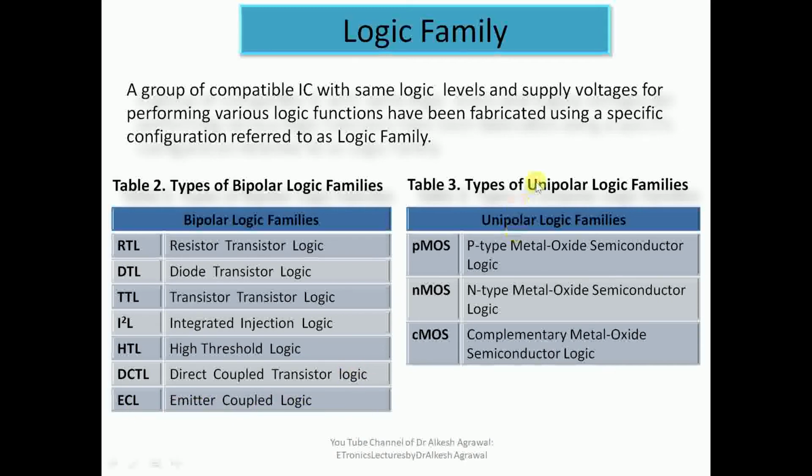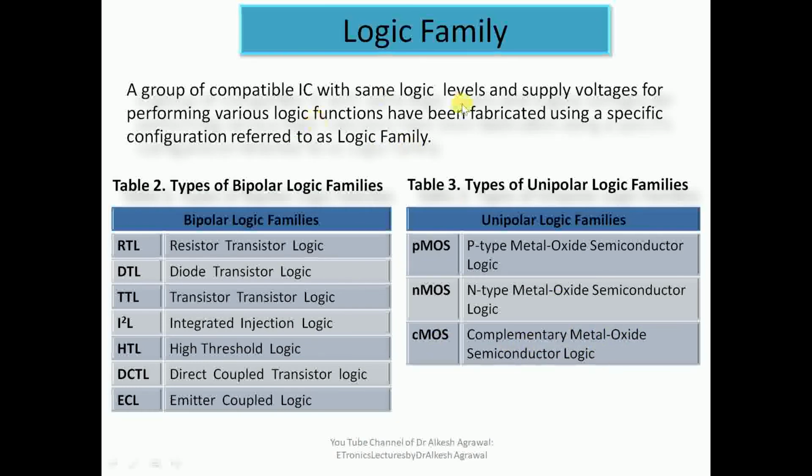Then we have unipolar logic families, which are based on metal oxide semiconductor logic. We have PMOS, which is P-type metal oxide semiconductor logic, NMOS, N-type metal oxide semiconductor logic, and CMOS, complementary metal oxide semiconductor logic.